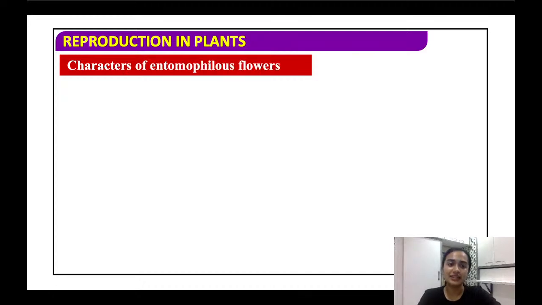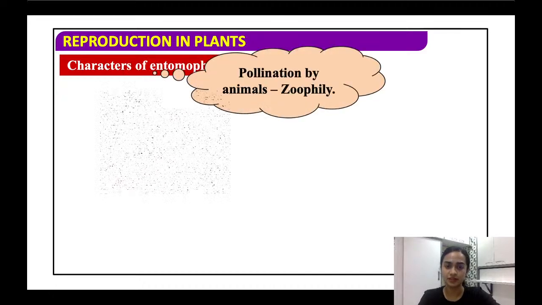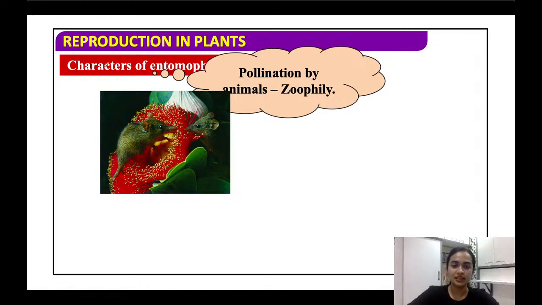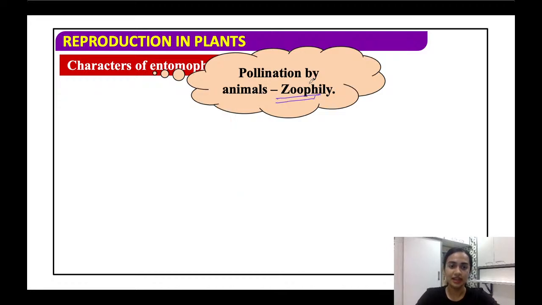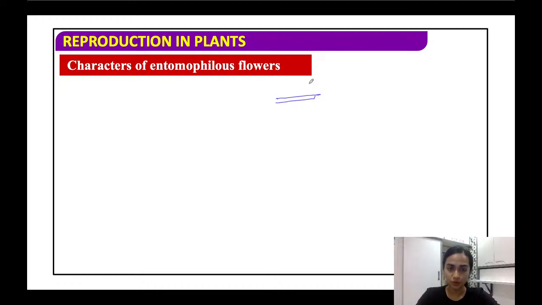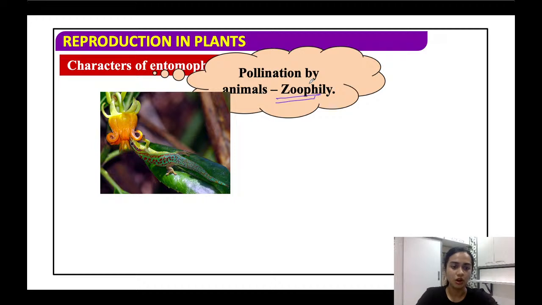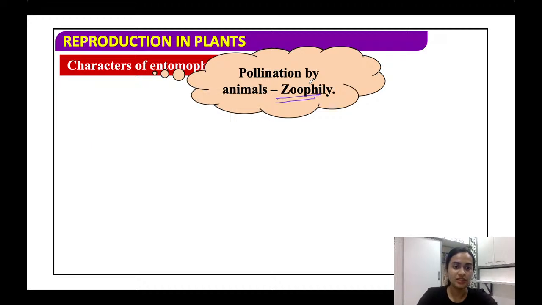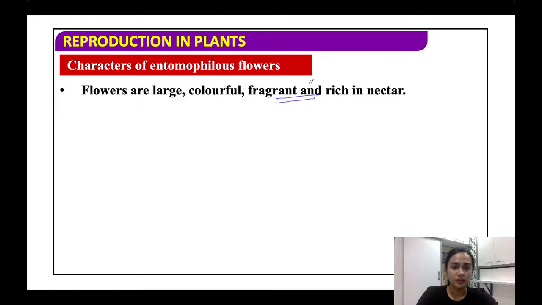Now, what are the characteristics of entomophilous flowers? When a flower is pollinated by animals, that is zoophily, it is called an entomophilous flower. So here we saw an example of an insect pollinating it. Since an insect is involved, these flowers are large, colorful, fragrant.